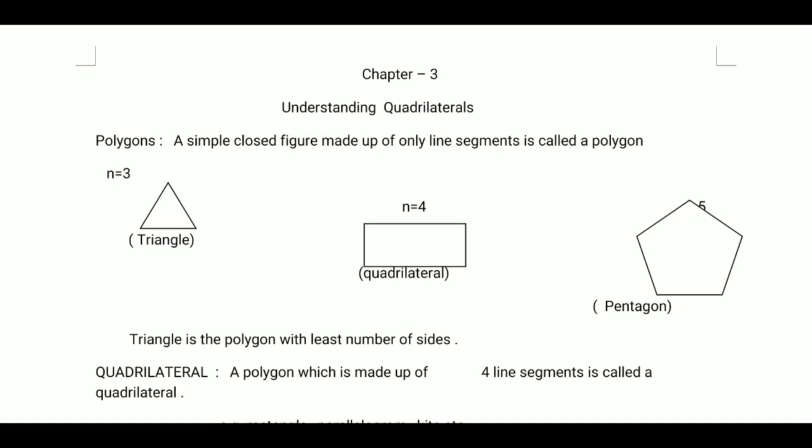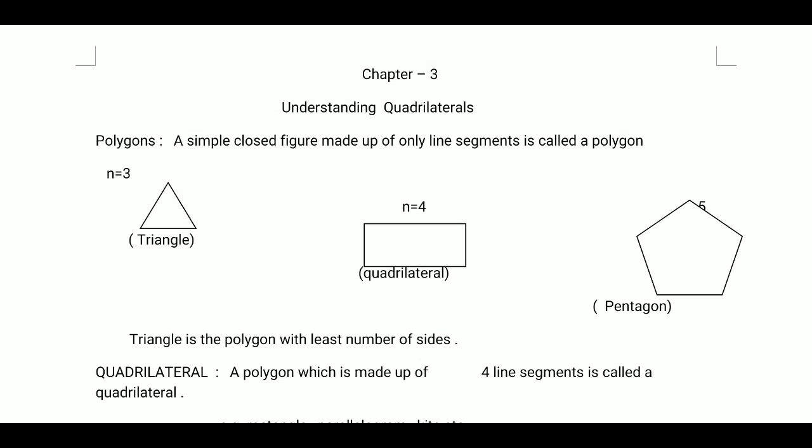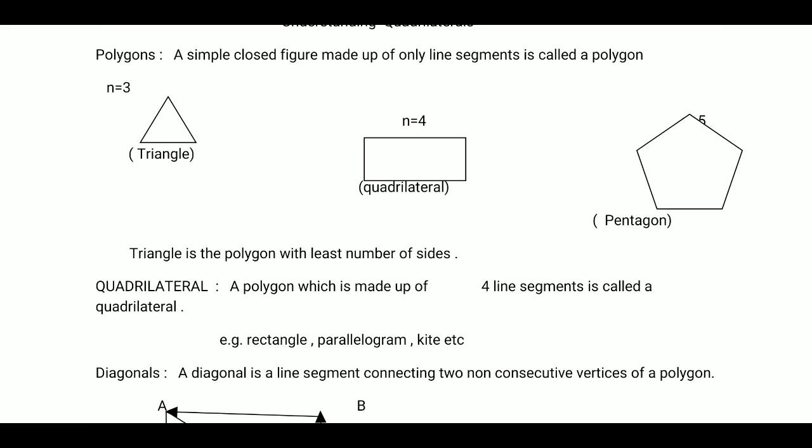Suppose we are taking 3 line segments and a closed figure is obtained, that will give you a triangle, and if you have 4 line segments and a closed figure is formed, that is a quadrilateral. Similarly, if there are 5 line segments and we draw a polygon, that is called a pentagon.